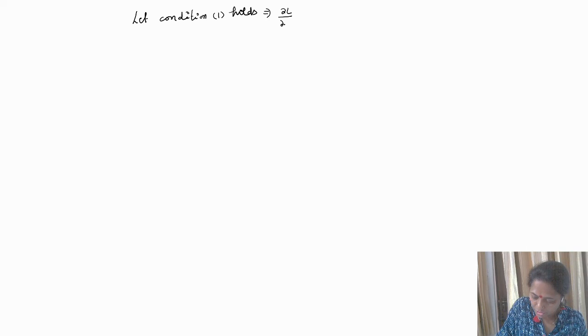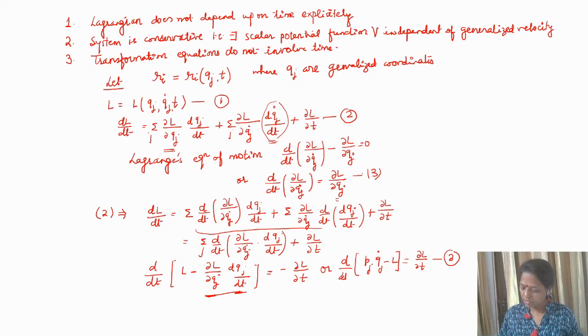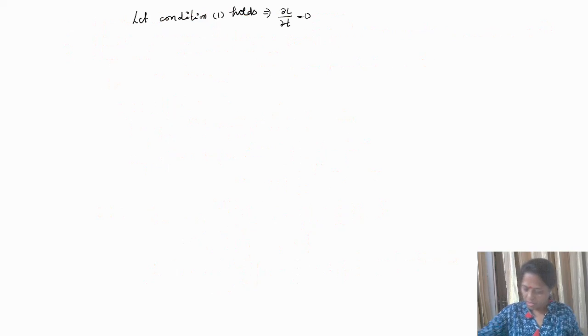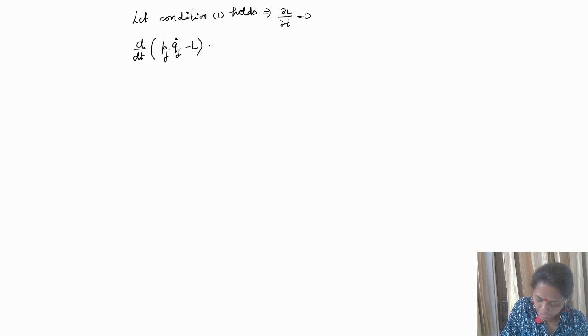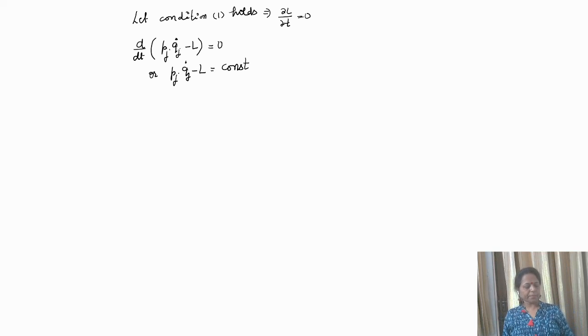Under this condition, this will be 0. If this right hand side is 0, we'll get d/dt of Pj Qj dot minus L is 0, or Pj Qj dot minus L is constant.